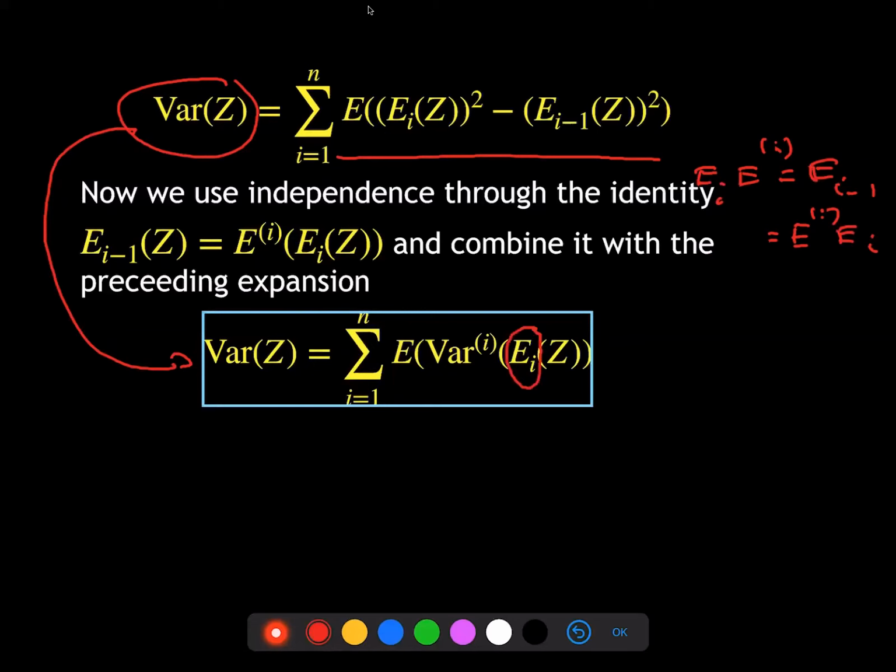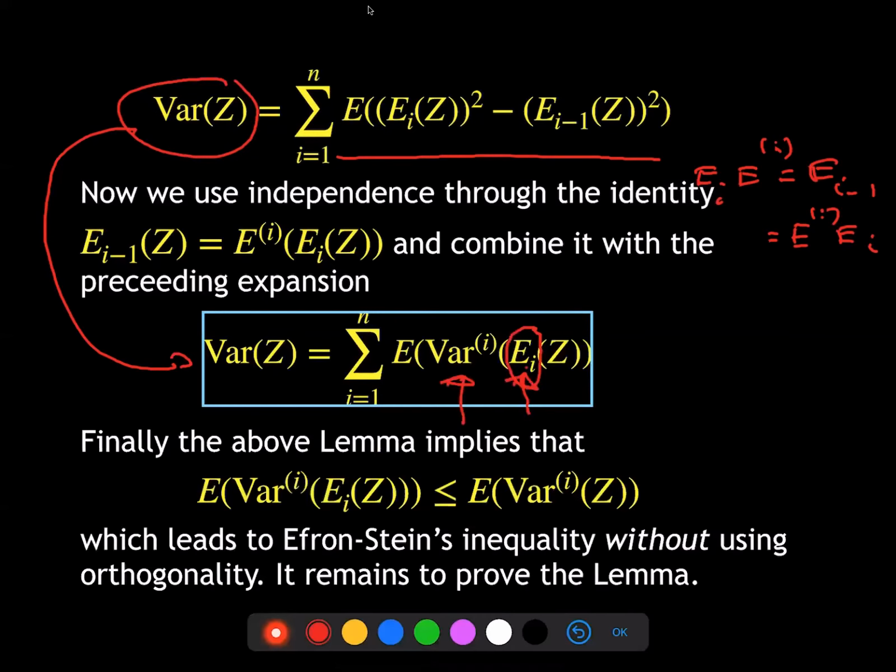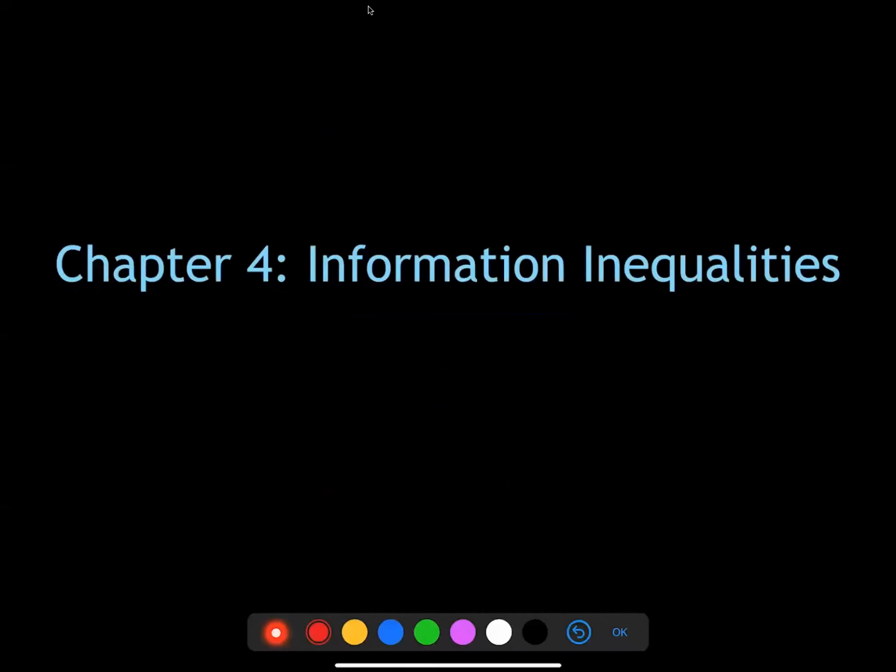It's just commuting this guy with this one. You commute these two quantities. And then, of course, this one will disappear with the expectation, and you get Efron-Stein. Okay? So you use the lemma in order to commute variance and expectation, and then you get Efron-Stein.